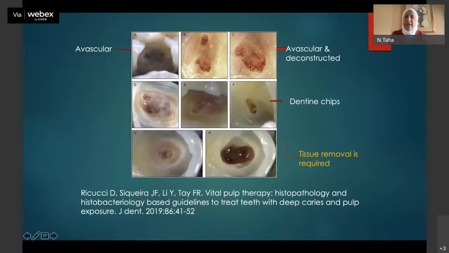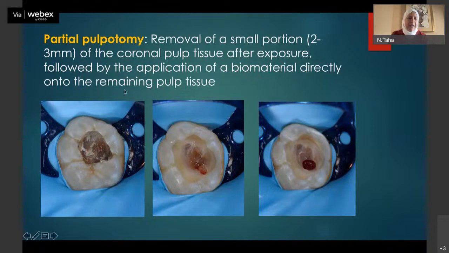An exposure that can be capped should be completely filled with red blood, no dentinal chips, no yellowish areas or grayish areas around the exposure indicating necrosis. So this is a clinical example of a case where there is a deep gross carious excavation. You find that these areas are hard now.